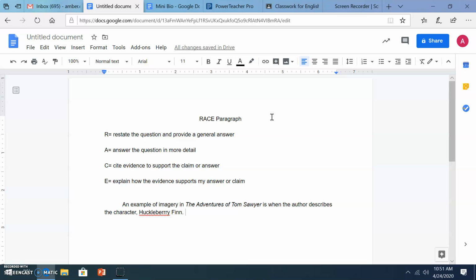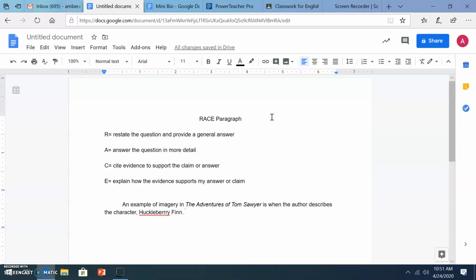Right, so I have restated the question by using part of the question in my answer. The question asks you to talk about an example of imagery, so I'm saying an example of imagery is. Then I provide a general answer. An example is when the author describes the character, Huckleberry Finn.